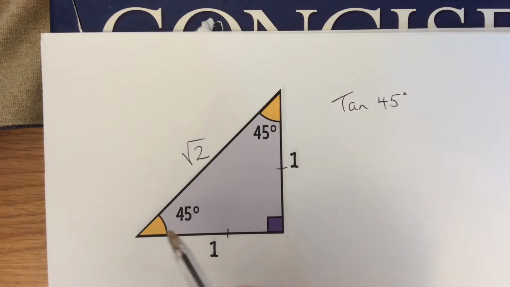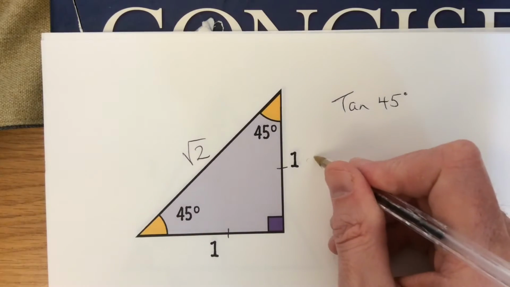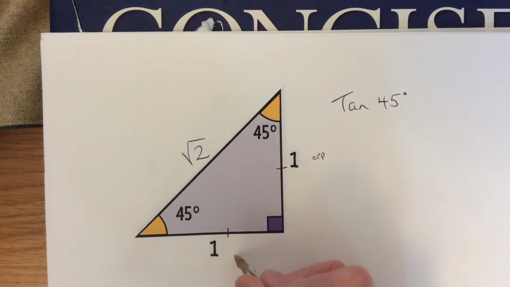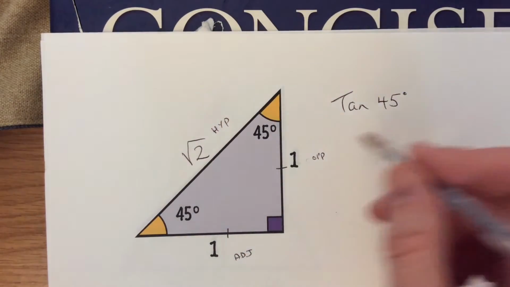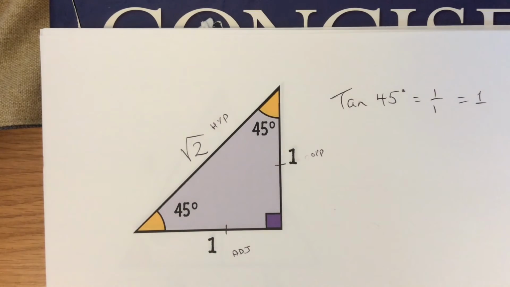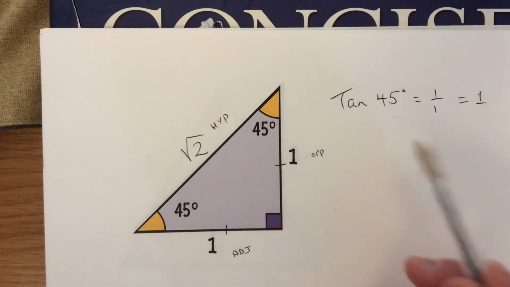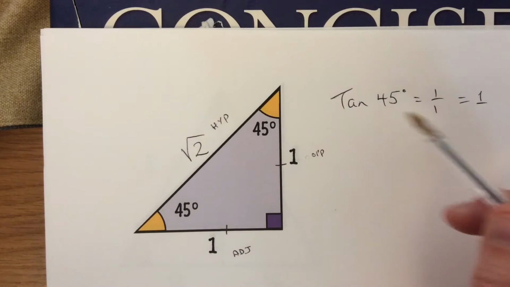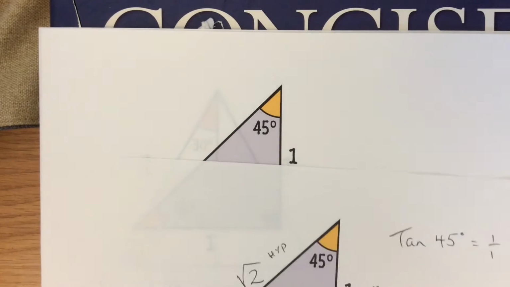Tan is opposite over adjacent, so tan 45 is 1 over 1, which is 1. We should really be talking about the tan ratio, because the scale factor is 1. Opposite and adjacent are equal in size, so tan 45 is 1. Pretty easy, yeah?